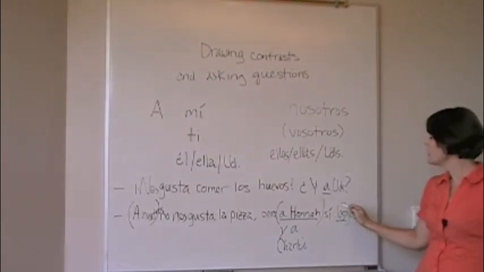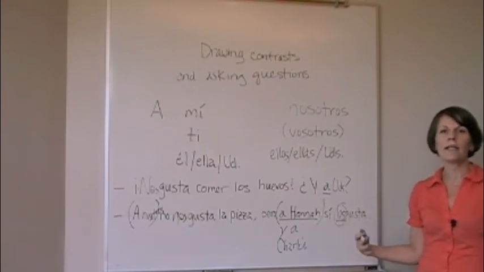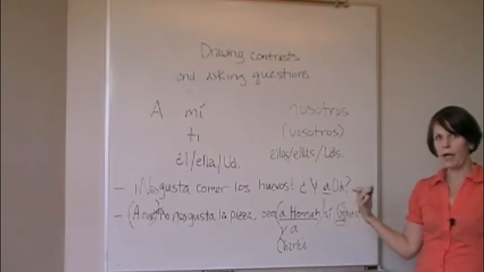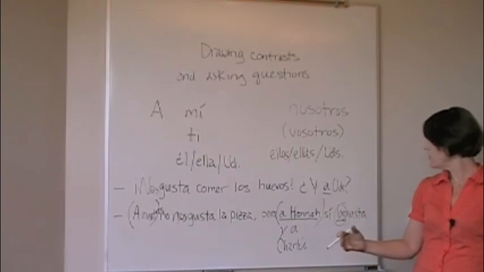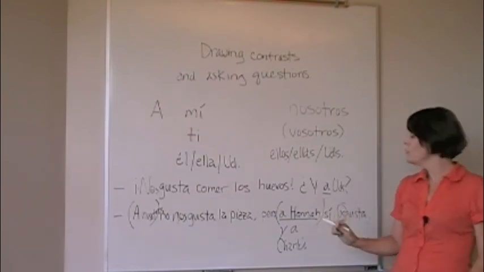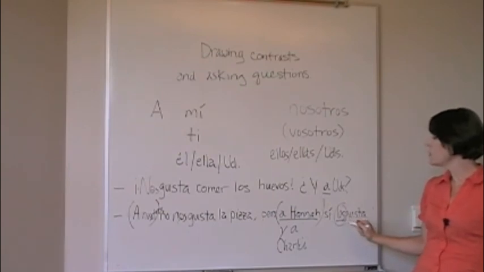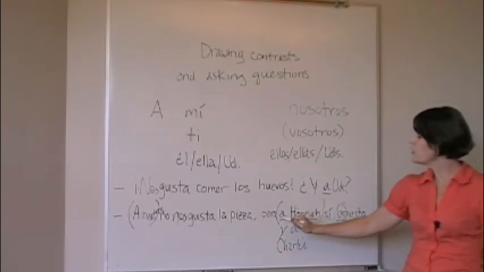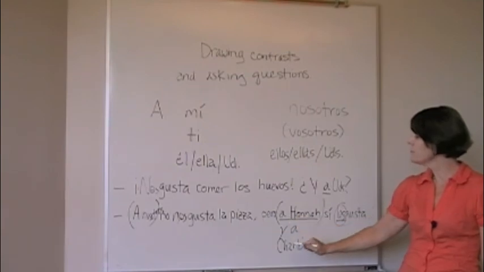Okay? So these pronouns are just what we've been learning when we're referring to somebody. To the plural, the person or people that are being affected, then we use the pronoun les in this case because it's plural. And so what we're learning now is to use the preposition a.